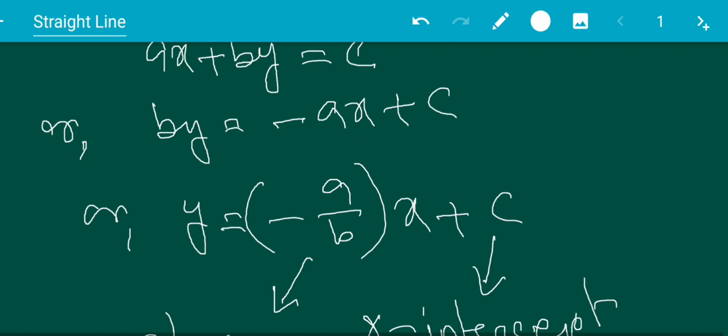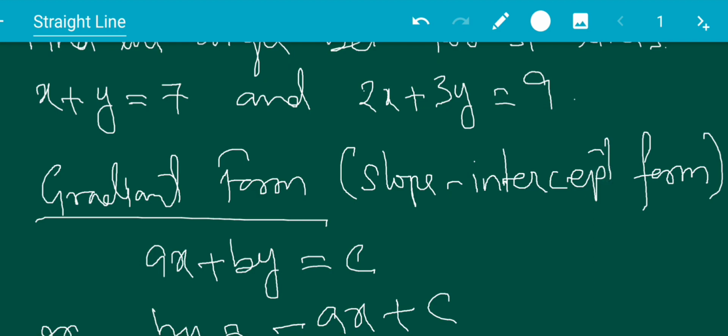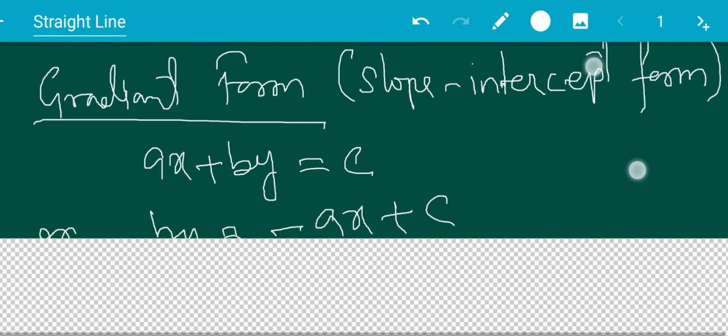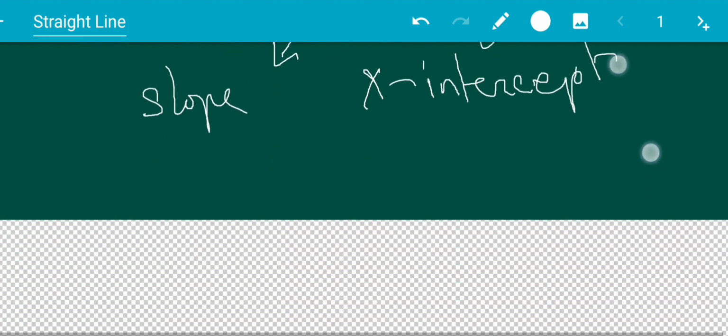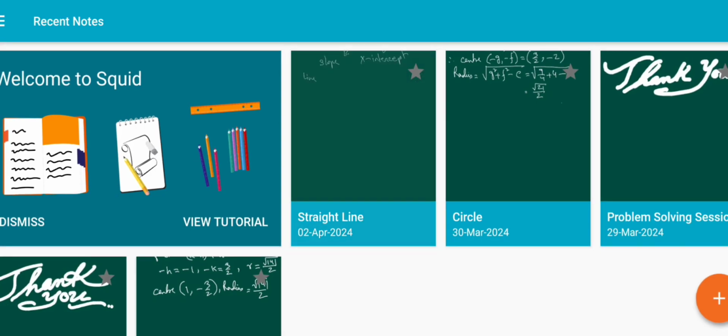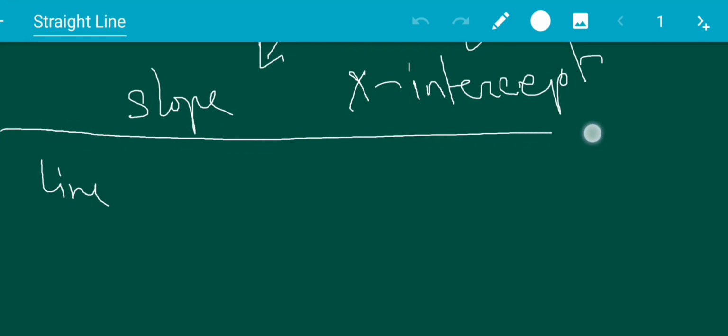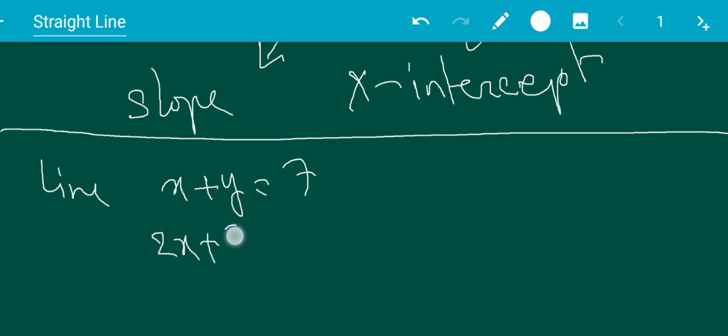So what are the equations of lines given in the question? x plus y equal to 7 and 2x plus 3y equal to 9. So line 1, line 2.